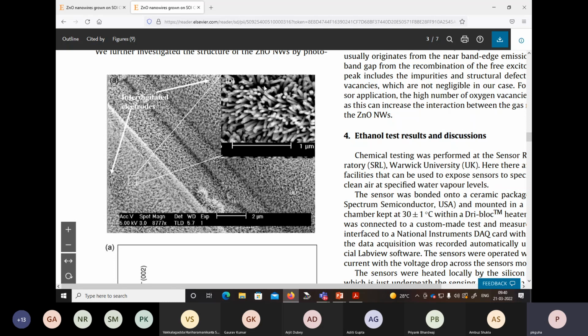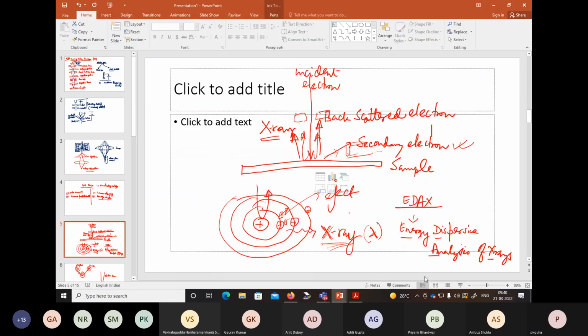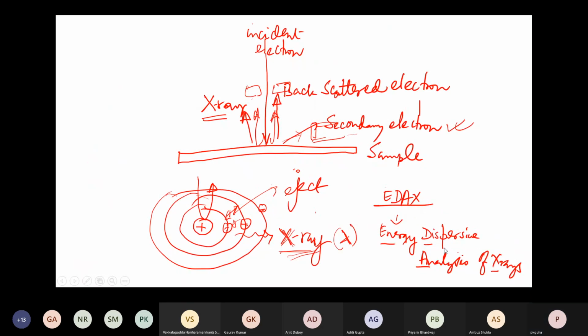You see, dark portions are here and bright portions are there. So how are you creating these images? Now, these images are created depending on how many secondary electrons are coming out from the surface.